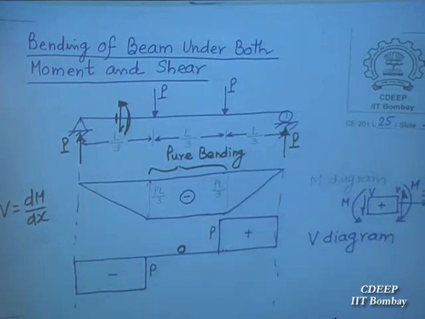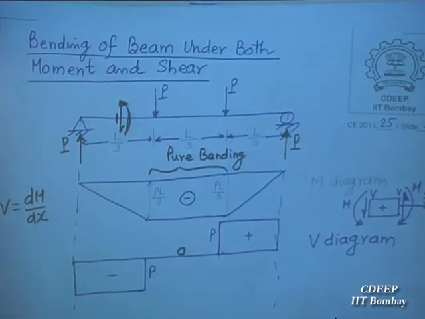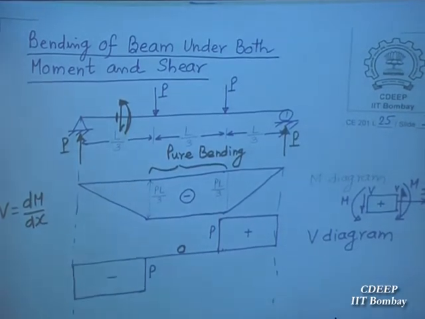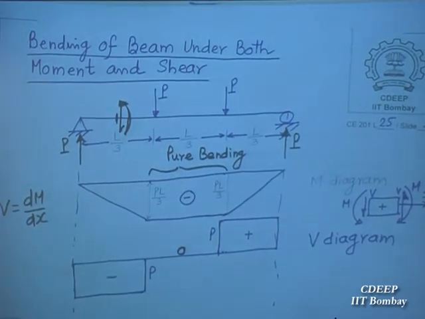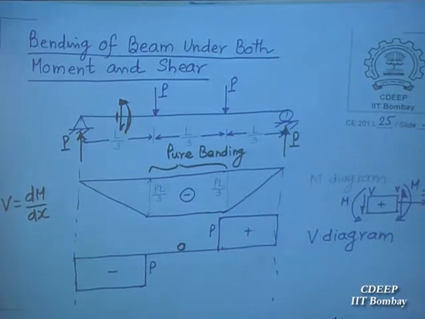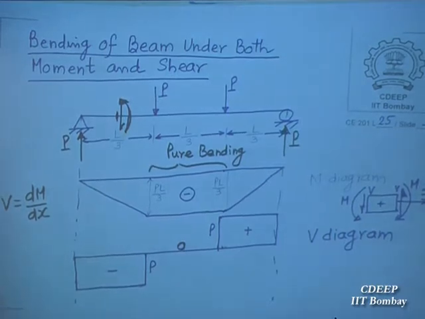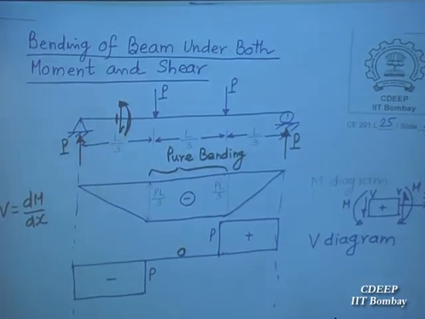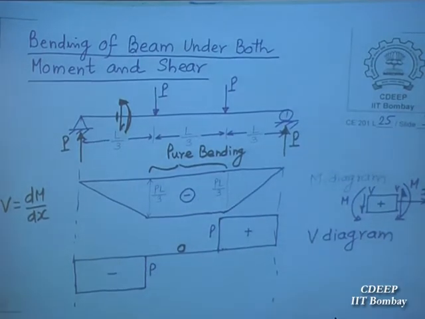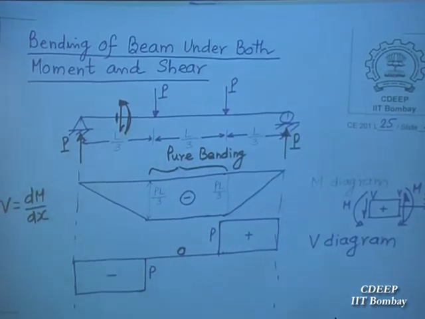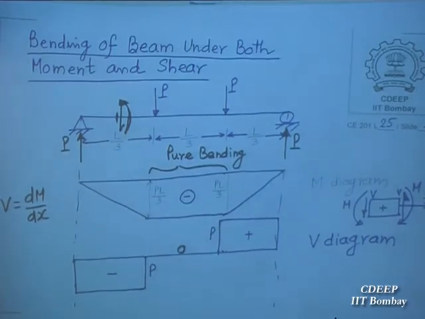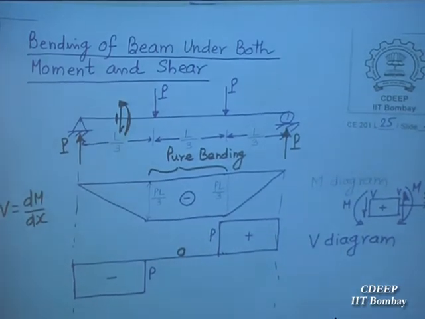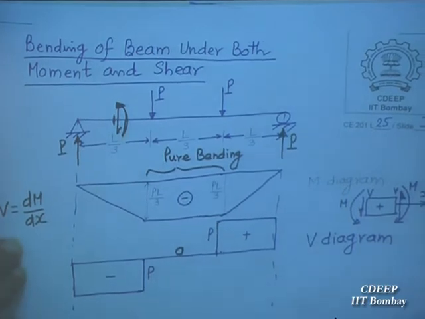So you will always have a situation where the entire length of the beam will not be subjected to pure bending moment, and therefore whatever we have developed is not truly right. So let us now assume, one more assumption, that even under this case, whatever we have derived will hold good. So assumption 2.